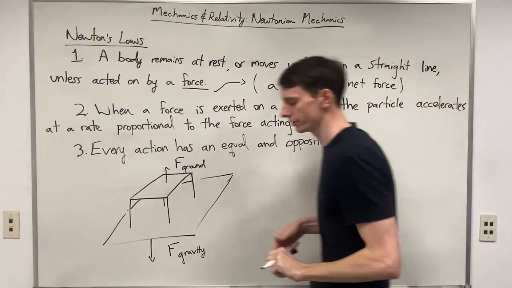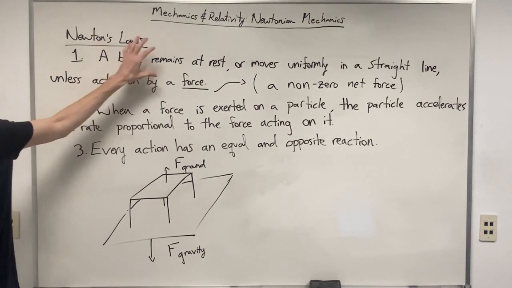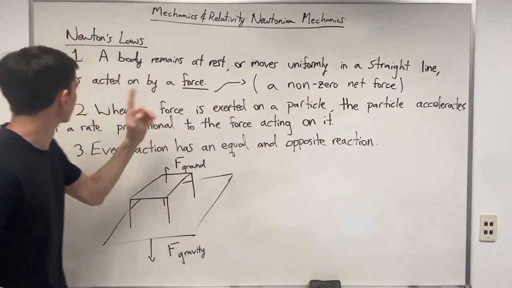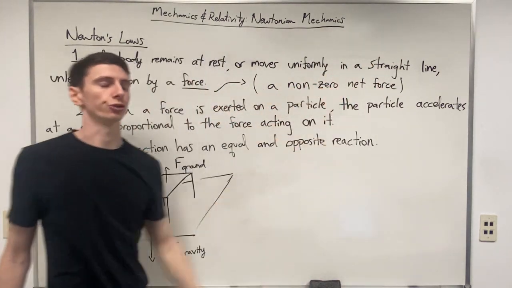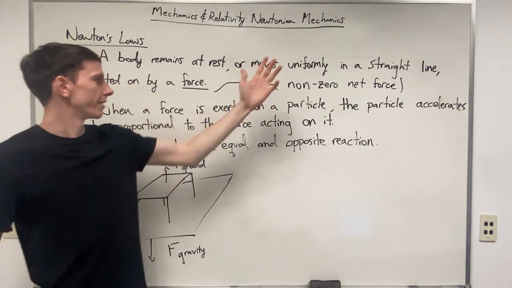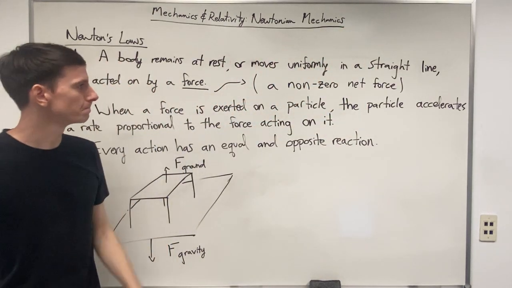So let's reread Newton's first law and make sure that we have it correct. It says, a body is going to either remain at rest or move uniformly in a straight line unless it's acted on by a non-zero net force. And that's how we should read it. Now the next question is, what is a non-zero net force? It looks just like force, but we put some words in front of it, right?